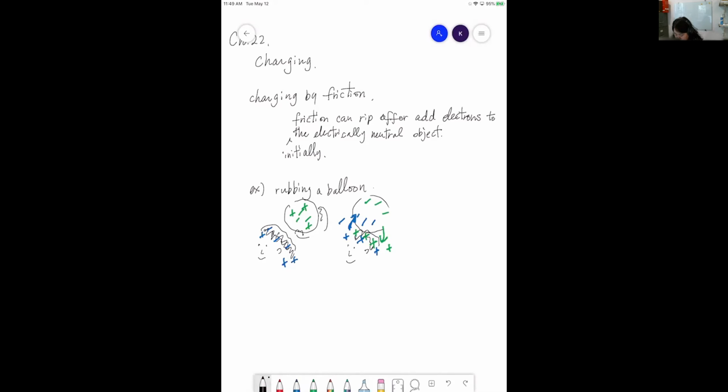So after you rub it, I'm holding a balloon that's negative.